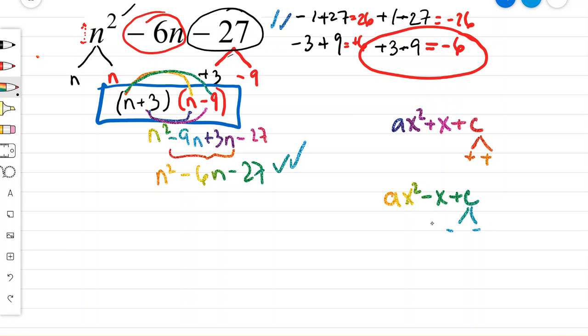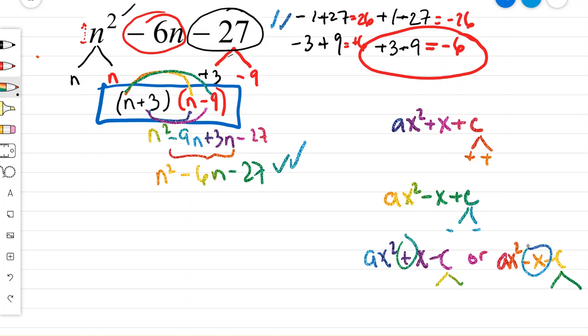If you have any other combination, whether it be x squared plus x minus c, or x squared minus x minus c, then you know one of these has to be positive, one of them has to be negative, and whichever one is the bigger one. And remember, we're always trying to put the bigger one on the right side. Whatever one's the bigger one is going to get the sign of B. There's your little trick.